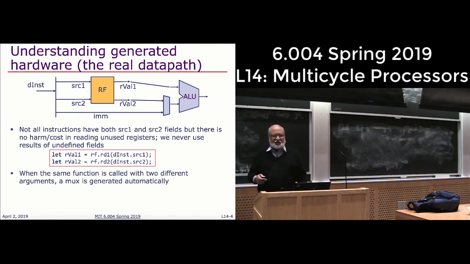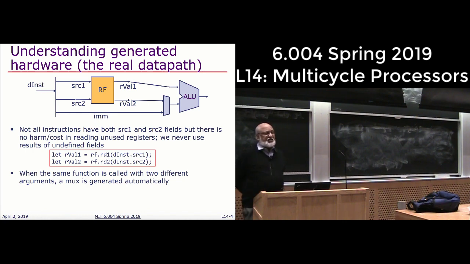and source 2. The other refrain is, any time you see some module, some method, some function being reused, being used in two different places, then there has to be a mux that goes with it. Right? So you have this ALU that we'll be feeding, and you have the immediate.